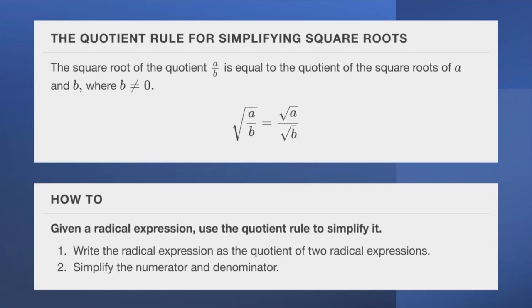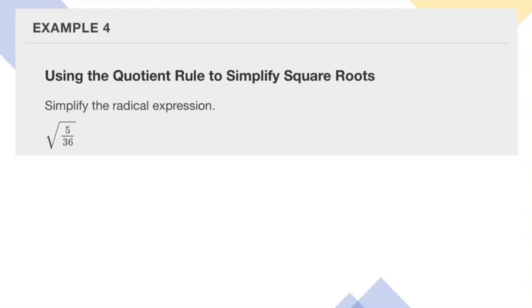Given the radical expression, use the quotient rule to simplify it. Write the radical expression as a quotient of 2 radical expressions, and then simplify the numerator and the denominator. I feel like that's not too bad. So we're starting with the square root of 5 over 36.